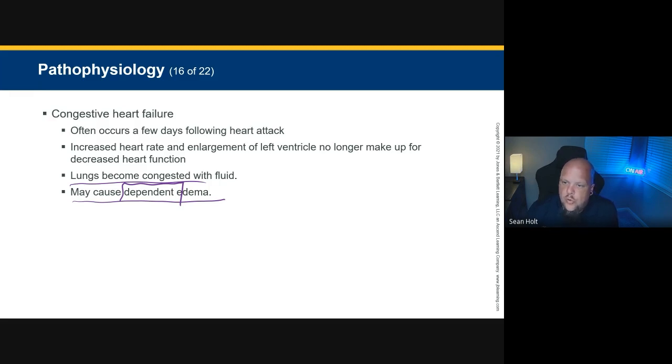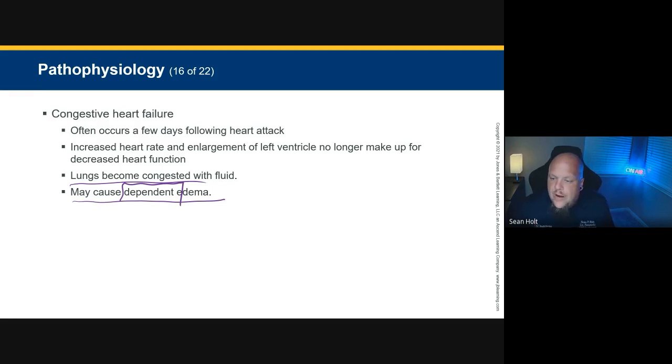Okay, so I am sitting right now in a dependent position because my legs and my feet are bending down and my feet are up flat on the floor. Okay, that means with gravity, all the fluid, if I had extra fluid in my body, would go down to my ankles and my feet and make my feet and ankles and lower legs swell up.